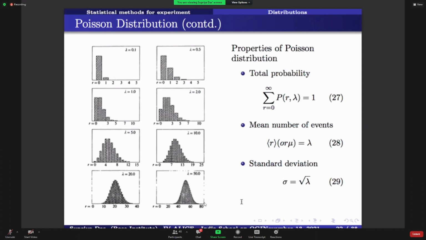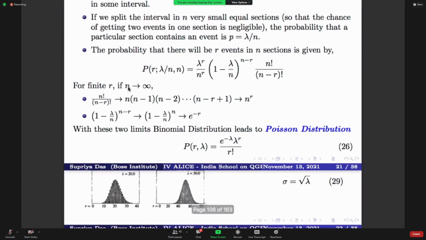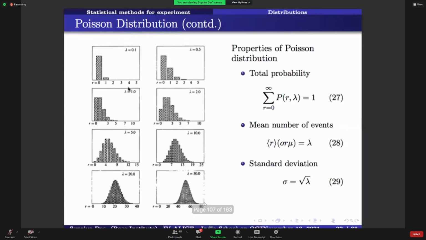Now let us have a look at how it looks. You see here you have only one thing that varies, that is lambda. r can be up to 5, up to 25, up to 80, whatever, you don't care. As your lambda changes, your distribution changes.